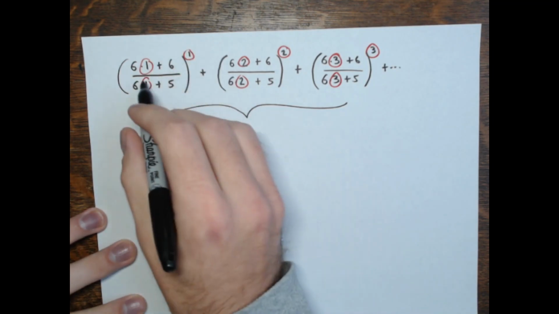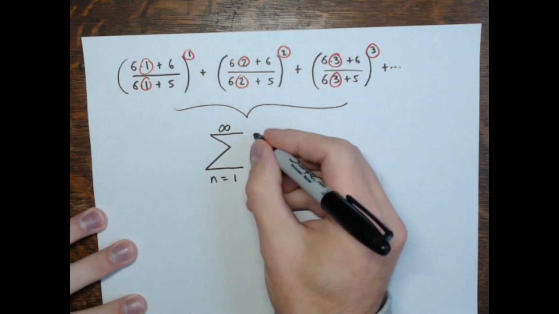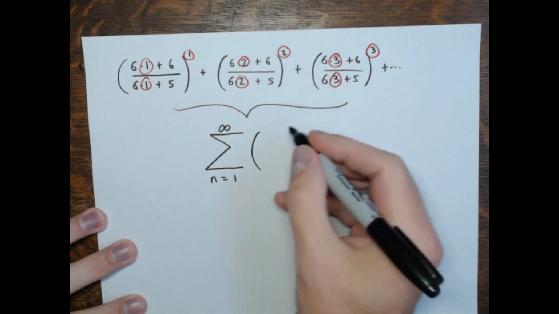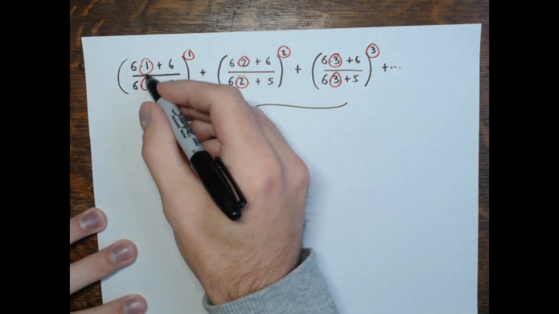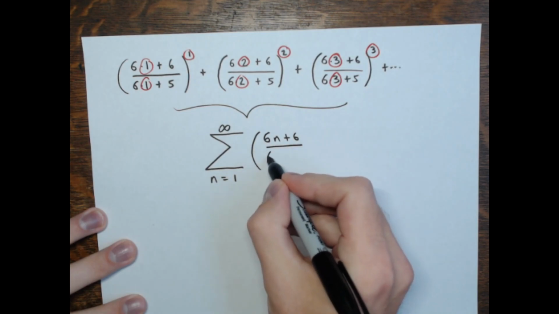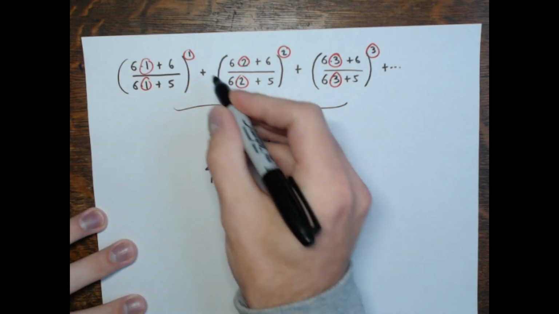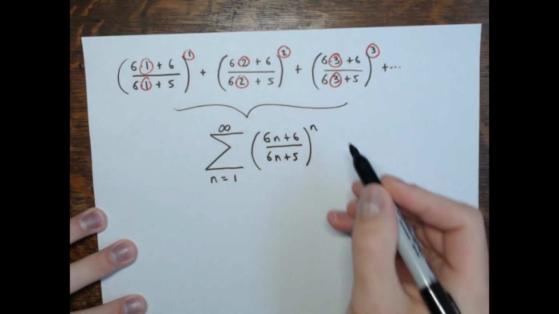It's at 1 here. All these numbers are 1, then they're 2, then they're 3. Well, from 1 to infinity of, and then every single one of these terms looks like this: (6 times n plus 6) divided by (6 times n plus 5) raised to the n power.